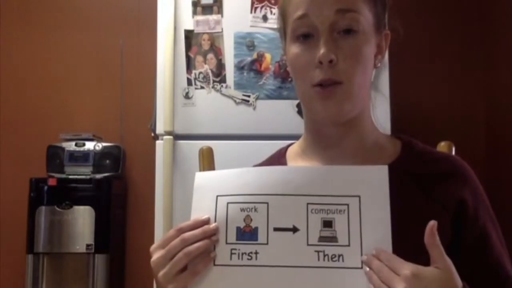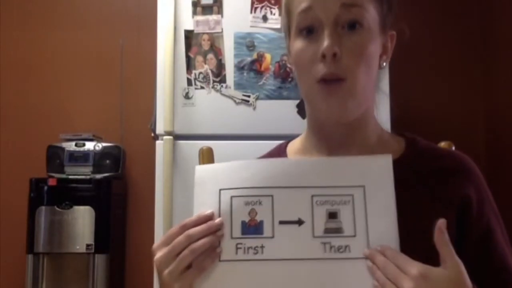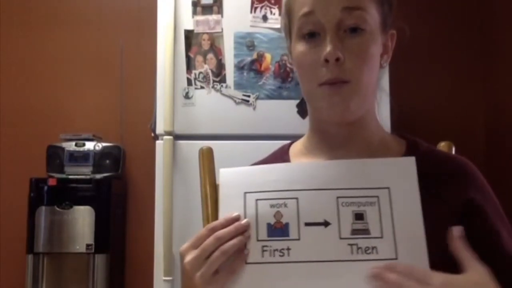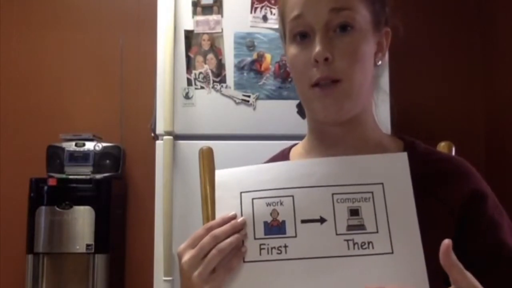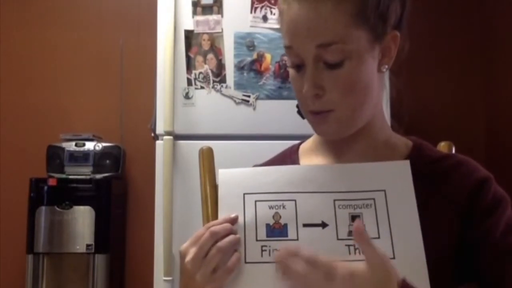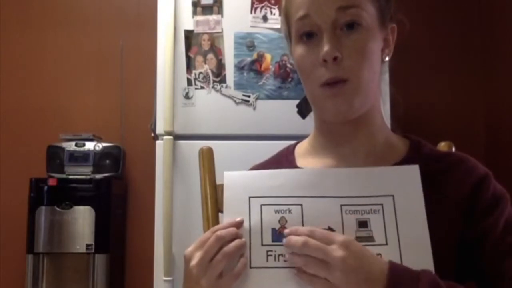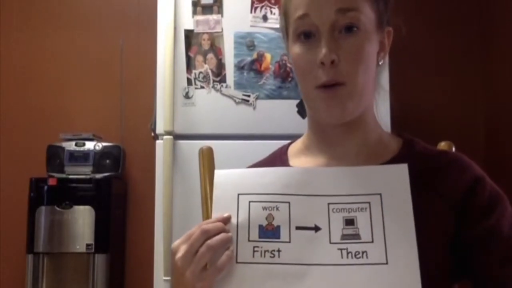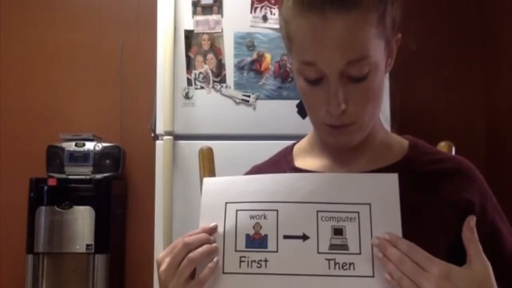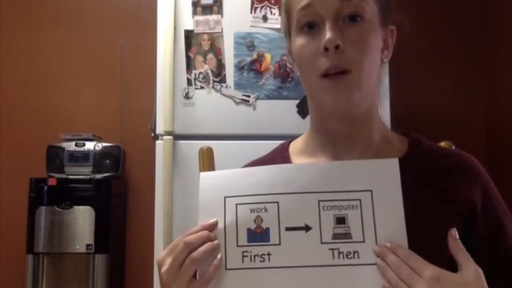And so in this case, the learner chose the computer. So then once that is complete, the instructor will then instruct the learner to complete their work. Once they complete their work, they take that picture off, and they are provided access to what would be the computer in this case.